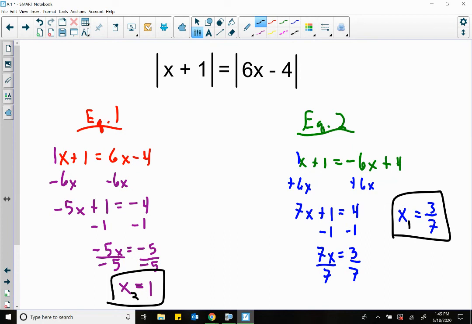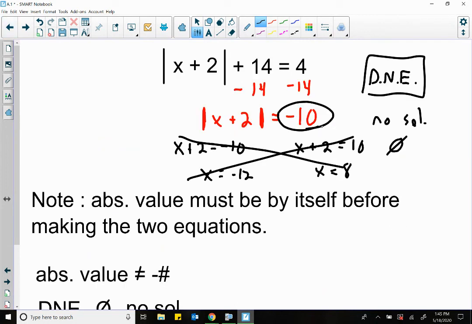The first equation, all you do is drop the absolute values. The second equation, drop the absolute value and make the right side its opposites. Positives become negative, negatives become positive. And solve. Remember that if your absolute value is equal to a negative number, it's a no solution.